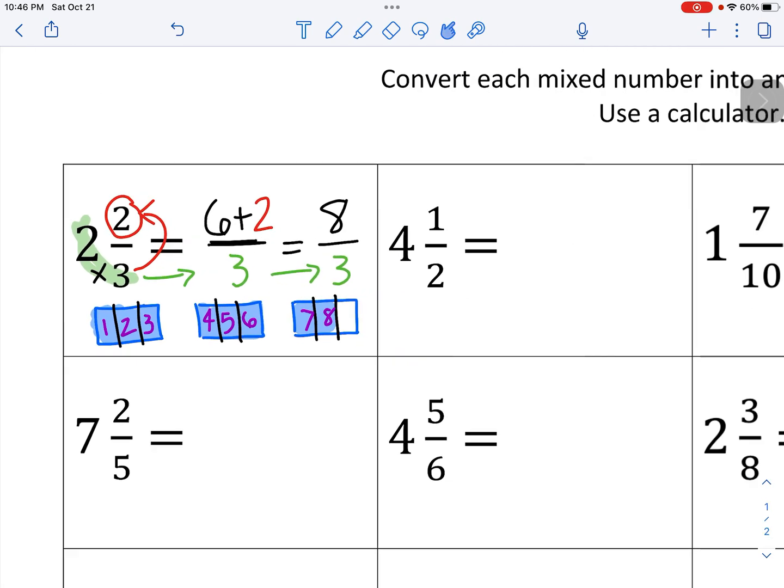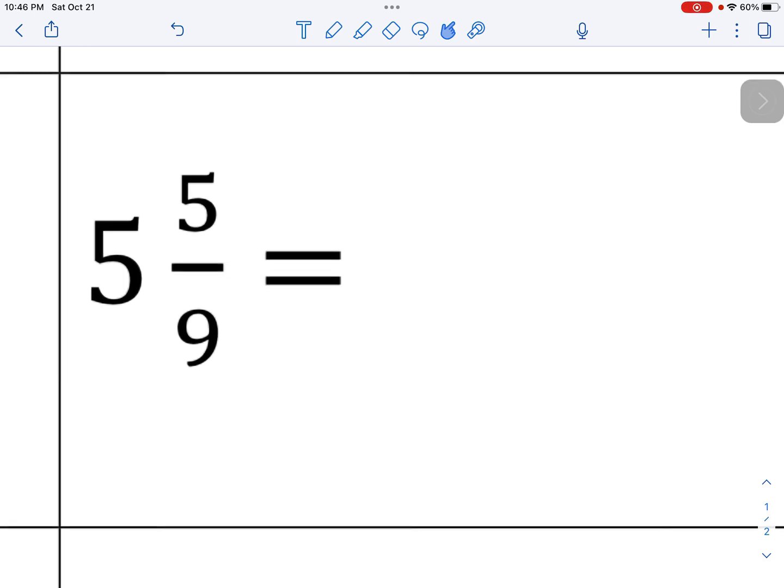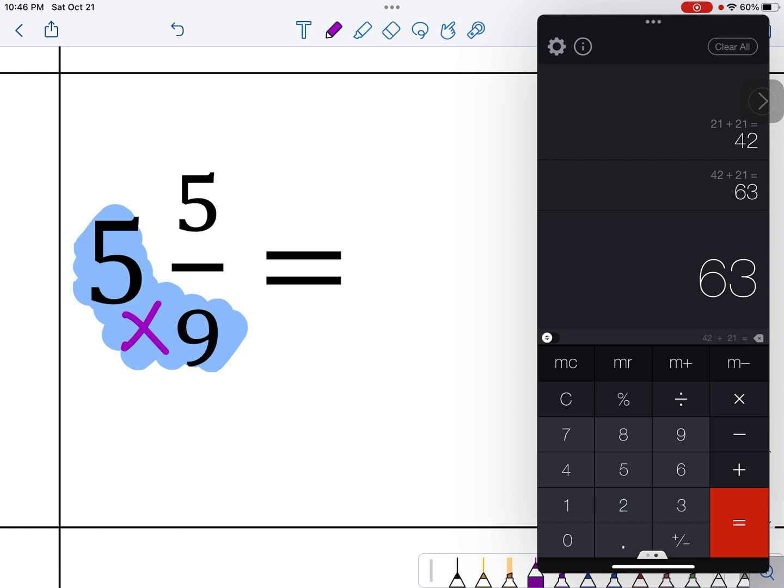Okay, one more example. Let's do this one, 5 and 5/9. So take the whole number and multiply by the denominator, so that says 5 times 9. Now, if you're not great at multiplying, totally fine. Grab a calculator. 5 times 9 is 45.